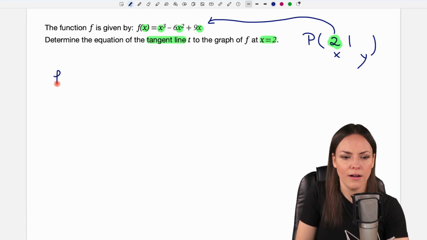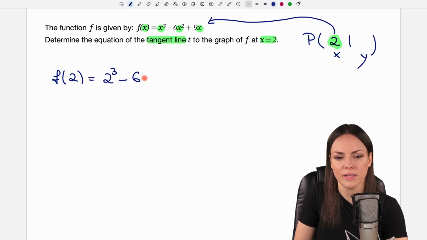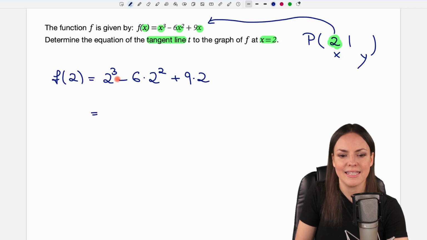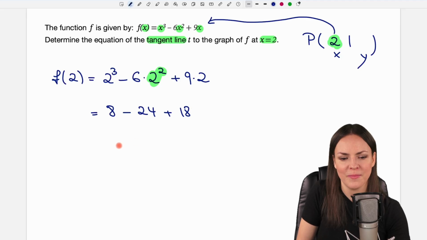So f of 2 is then 2 to the power of 3 minus 6 times 2 to the power of 2, and then plus 9 times 2 again. What is this? 2 to the power of 3, 2 times 2 times 2 equals 8, minus 6 times 2 to the power of 2, which is 4, so 6 times 4 equals 24, and here we have 18.